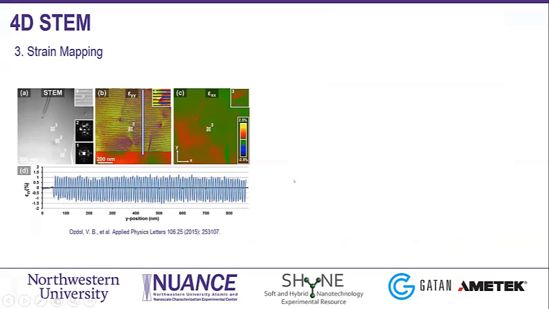Another, a little bit more advanced application is strain mapping. This is also an example from 2015 using 4D STEM, covering a pretty large area of the sample. If you compare this to a traditional analysis like GPA, geometrical phase analysis, you gain a lot more information, and you don't necessarily need to have your disk completely aligned.